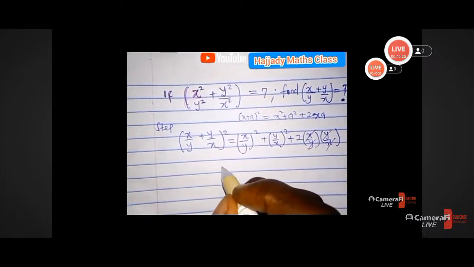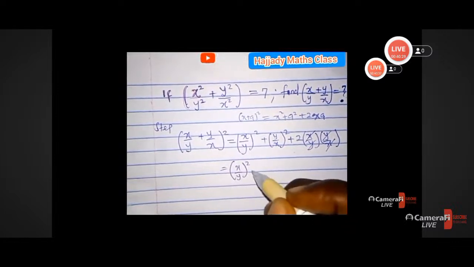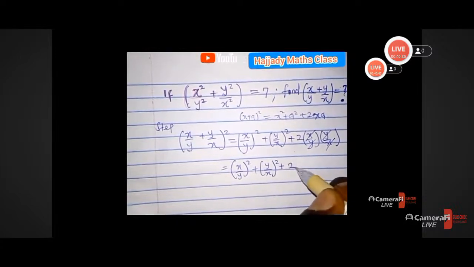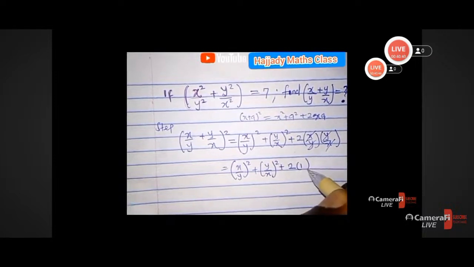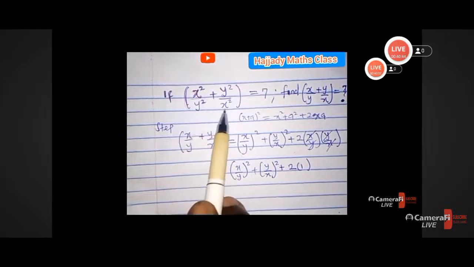Y. So this is going to give us x over y all squared plus y over x all squared plus 2 into bracket 1.